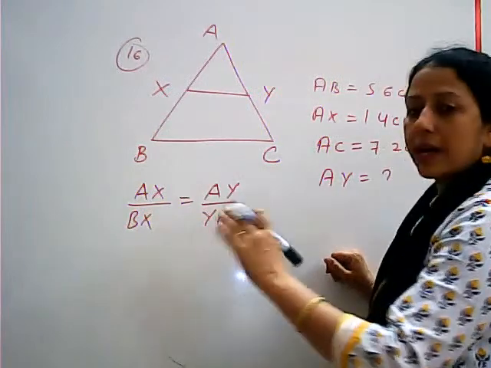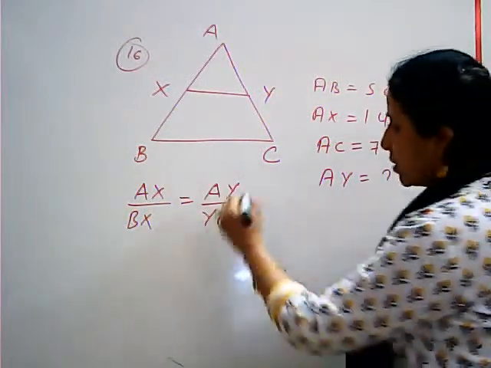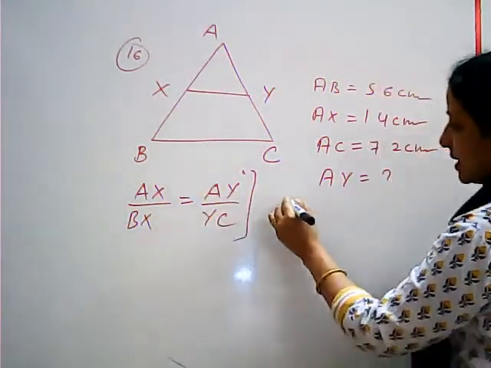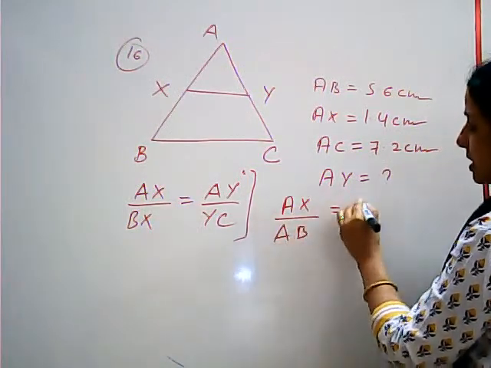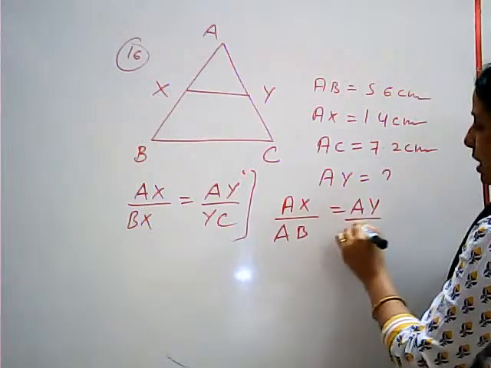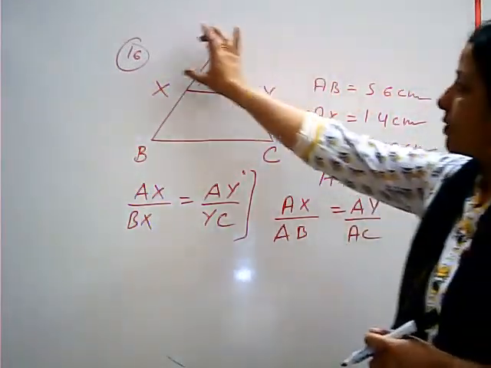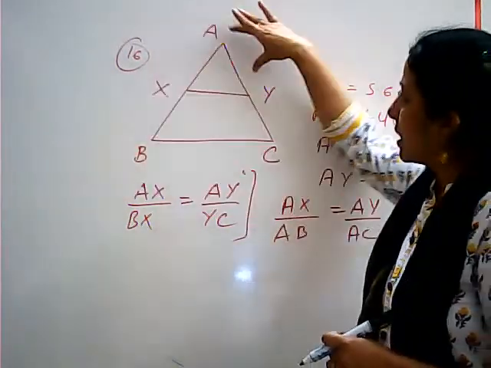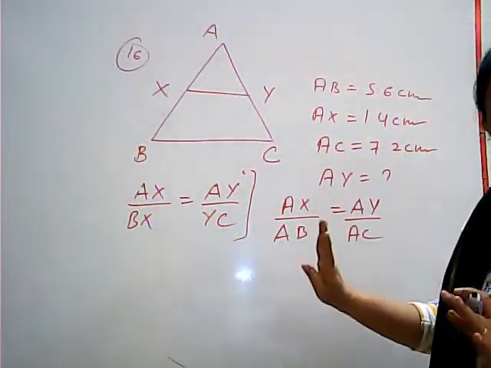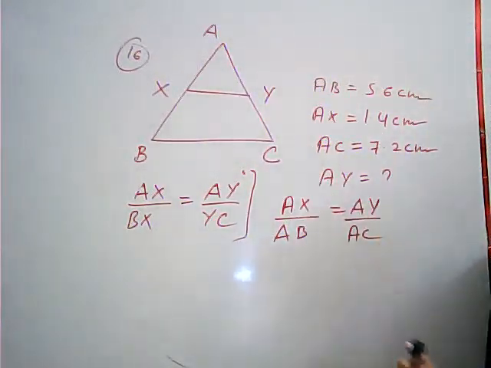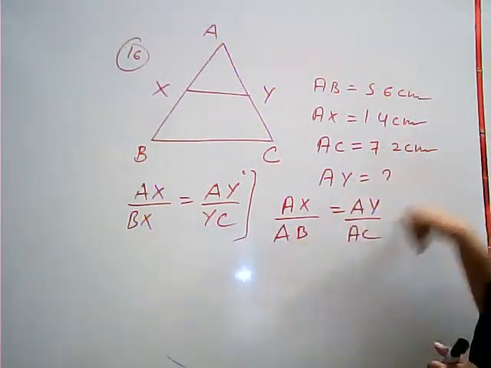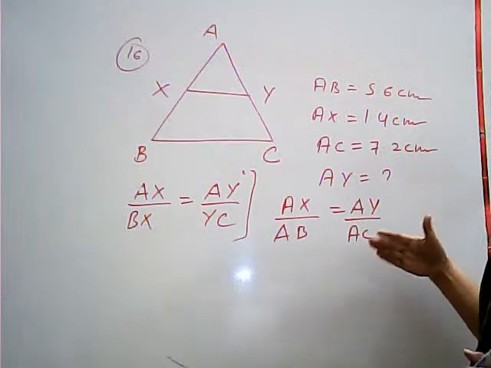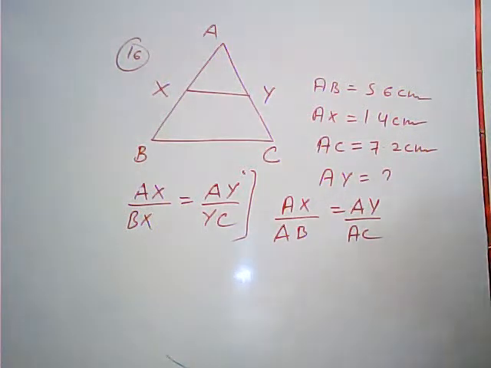Taking the reciprocal and adding one, you can do it this way, or you can write directly that AX over AB is equal to AY over AC. This also you can write. So put the values here, because the values of AB, AX and AC are given and you need to find the value of AY, and you will find the answer.